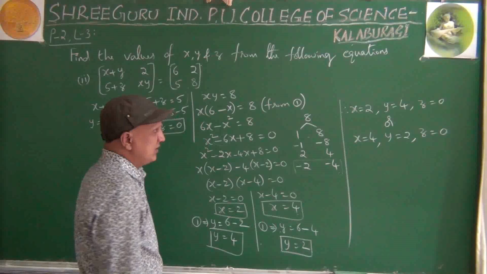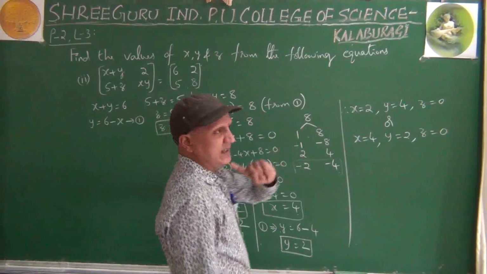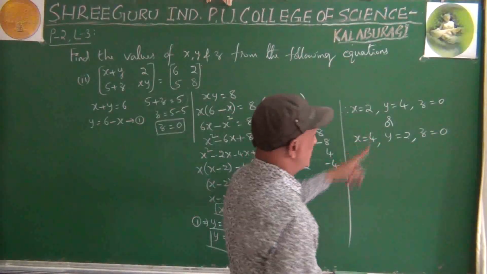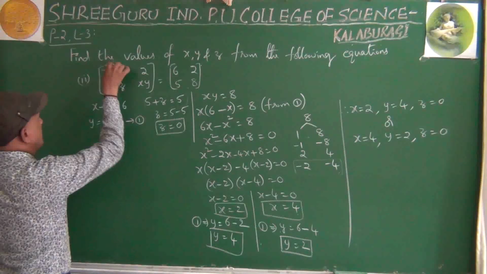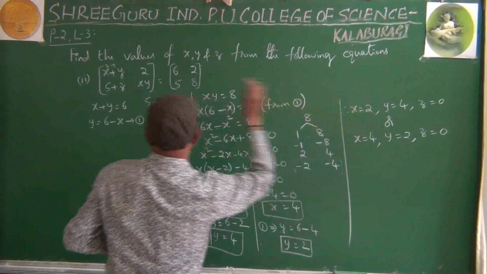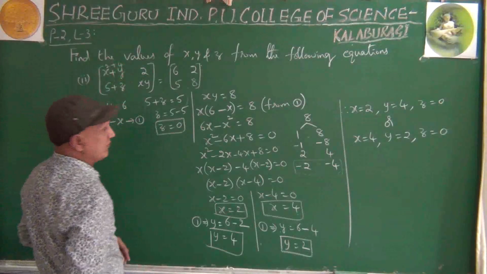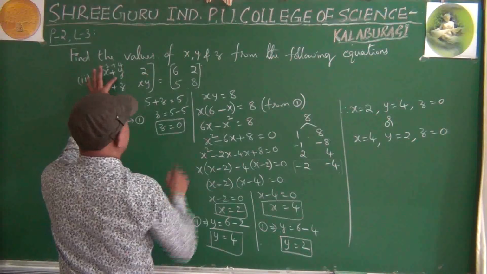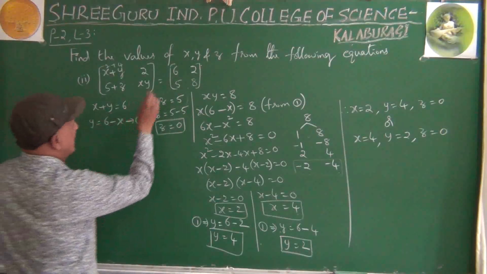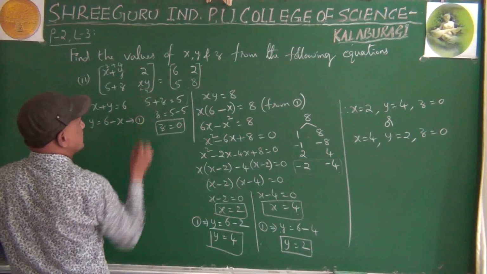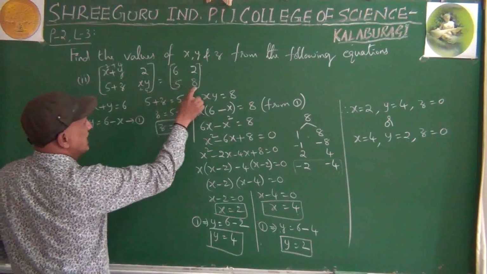Right? You can check by substituting x equal to 2, y equal to 4. X plus y equal to 6, 2 plus 4 equal to 6, correct? X equal to 2, y equals 4, 2 into 4, 8, correct?